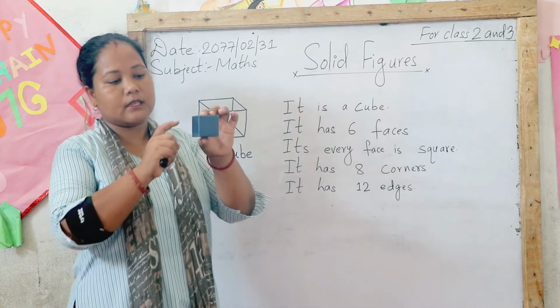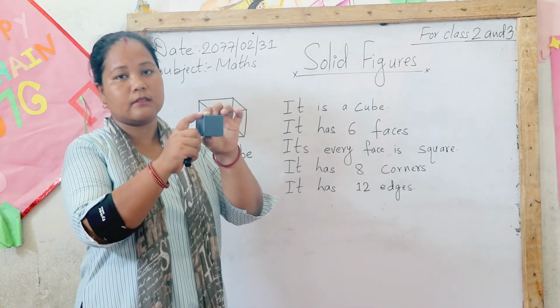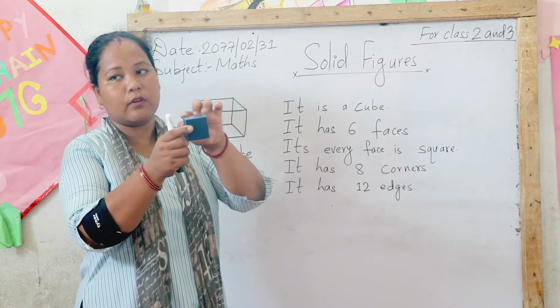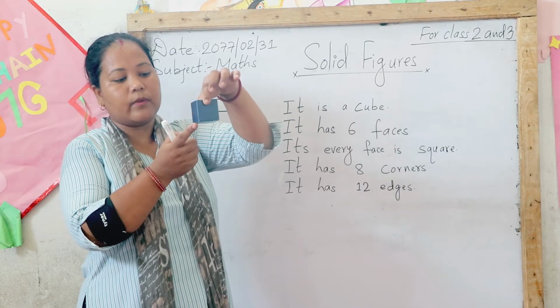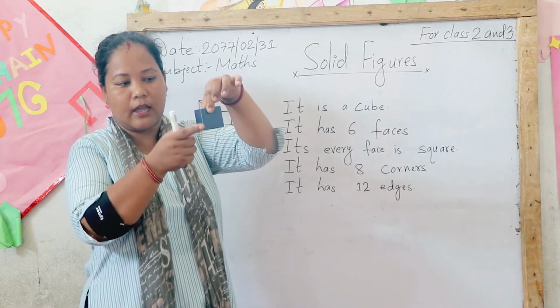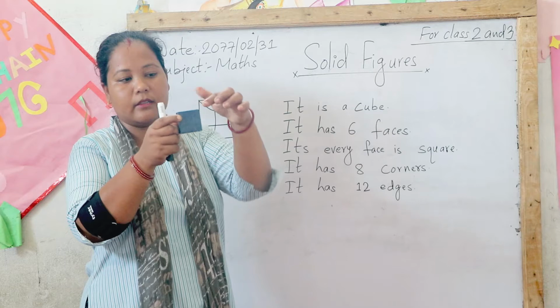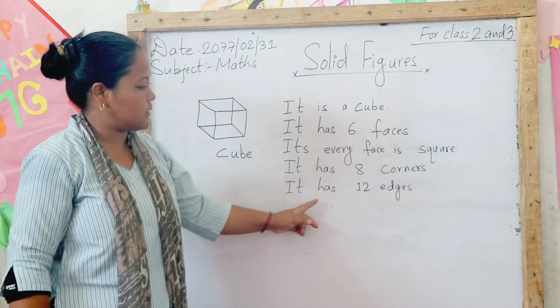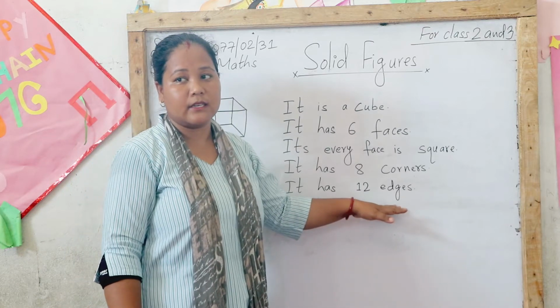Let's count. 1 edge, 2, 3, 4, 5, 6, 7, 8 edges, this 9, 10, and this 11 and backside 12. Yes, it has 12 edges.